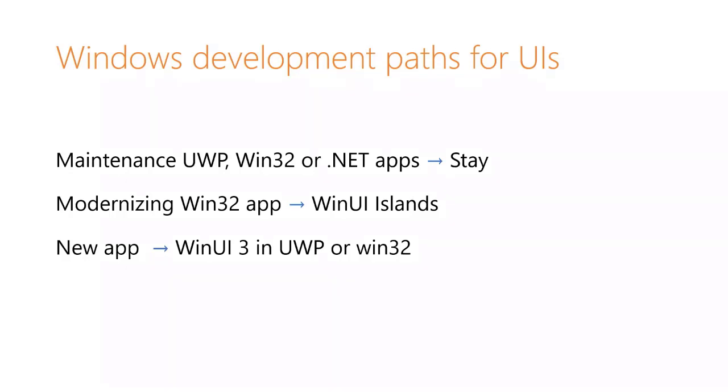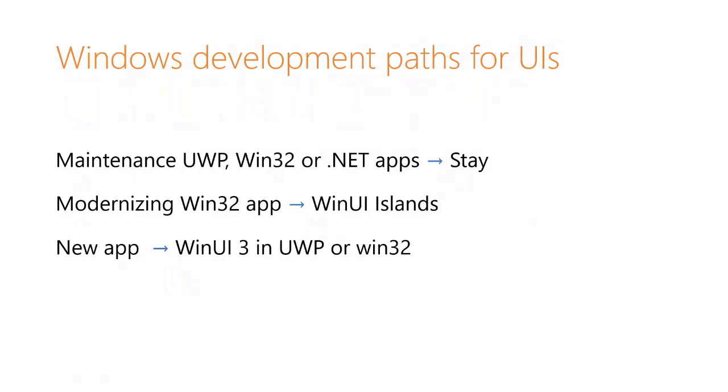And if you go to a new app, WinUI 3 would be the best path to use all the controls, all the APIs for the presentation in any kind of platform, UWP, with C++, .NET, Win32, because we will be able to add new features to evolve the WinUI control set and API over time.